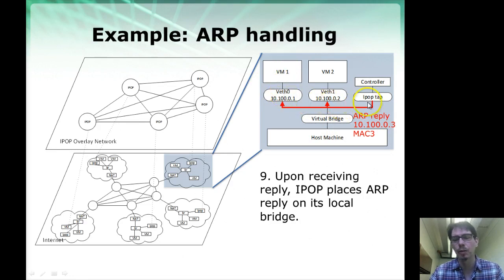Then again, it's going to go through IPOP, encapsulated, tunneled, and delivered to the destination, just like with regular IP address handling. But now we're mapping and tunneling layer 2 packets instead of layer 3 packets.